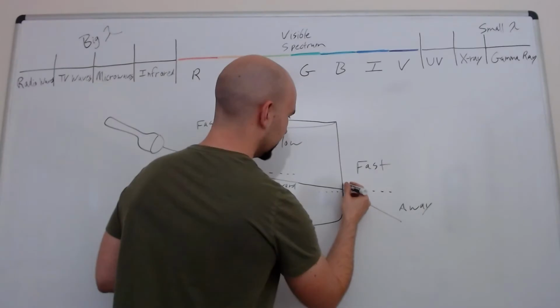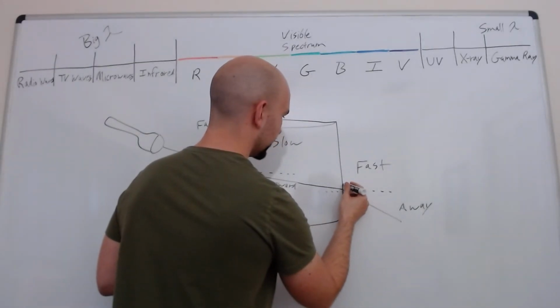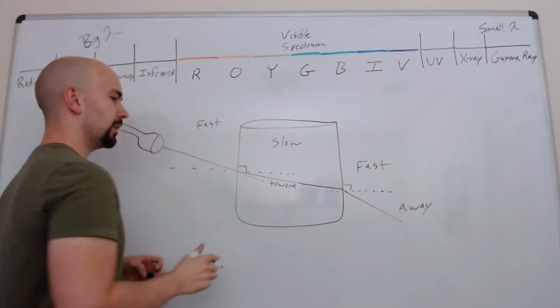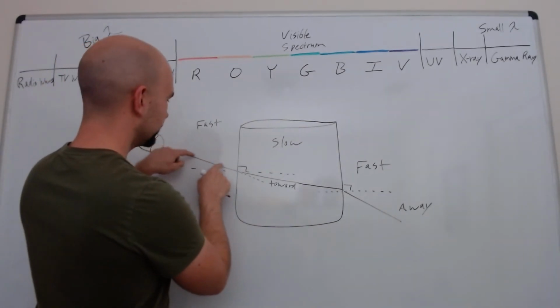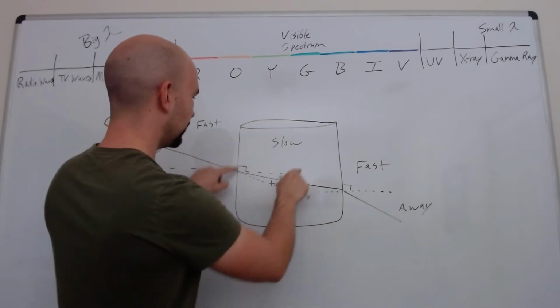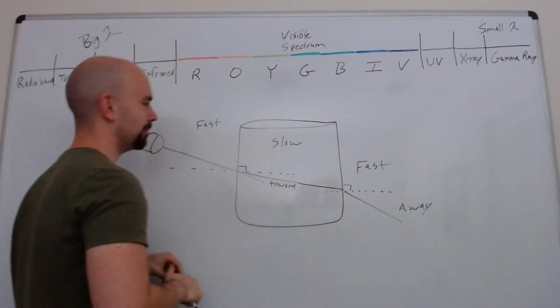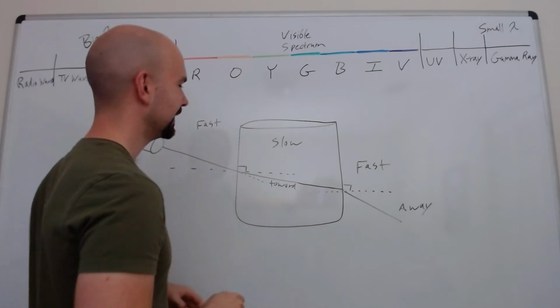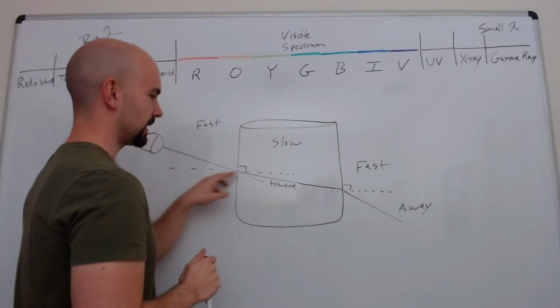And then here's another one that's perpendicular to the surface. So basically the light goes down at its angle of incidence, then it shifts upward toward that perpendicular line because it slows down.